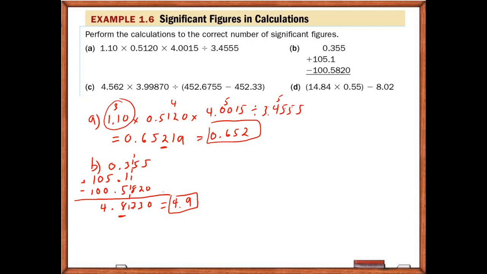Okay, so for C, we have a mixture of multiplication, division, and subtraction. The first thing we want to do is manage which order we should do these in. The first thing I want to do with C is do this parentheses first.